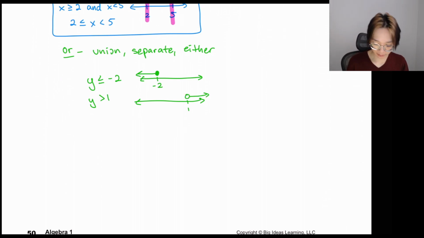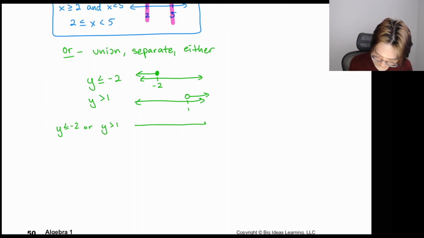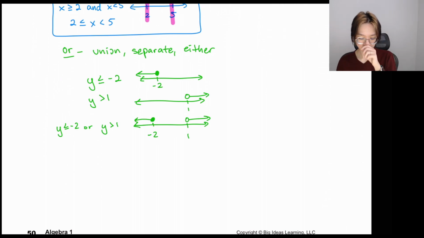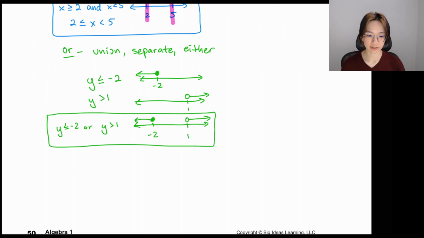If we have the compound inequality, y is less than or equal to -2, or y is greater than 1, this is what that graph looks like. Where basically either one of the inequalities can be true. And there's no other way of writing the ors. The ors will only ever have an or.